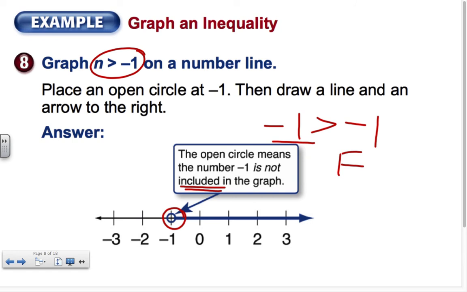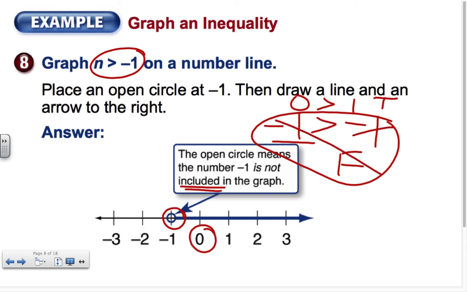That's not a true inequality statement. So you can't start at -1, but you can definitely start here at 0. And obviously 0 is less than 1. That is true. But this one right here is false. So that's why you have to leave that open. When you don't see an equal sign, you leave it open. If you see an equal sign, you fill it in.